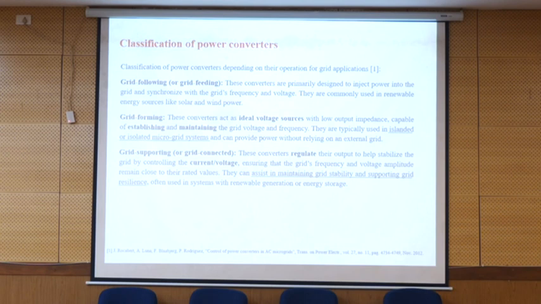So tell us, Udaya. Grid forming, grid following, grid connecting. What kind of classification do we have for the conversion system? DC to AC or AC to AC. These are the four types of converters. Yes, we have three.